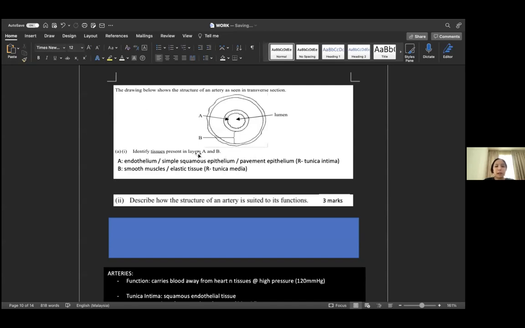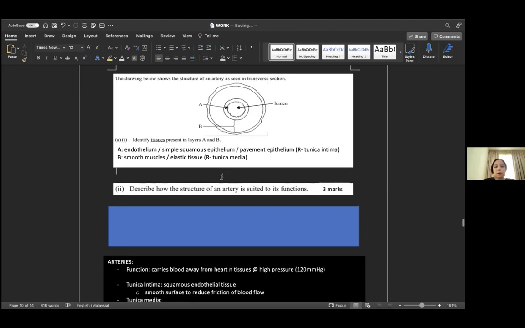And you can't talk about layers as well because you're asking for tissues. So A is the endothelium, or simple squamous epithelium, or pavement epithelium. It is found in the tunica intima, but you can't write that because they're asking for tissues. And B is the smooth muscles and elastic tissues, which are found in tunica media, but you can write that.